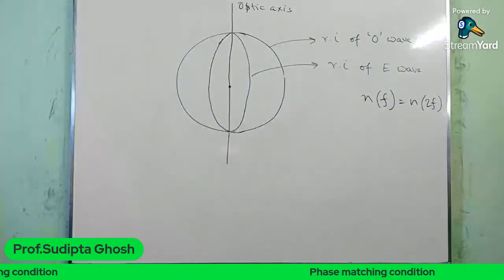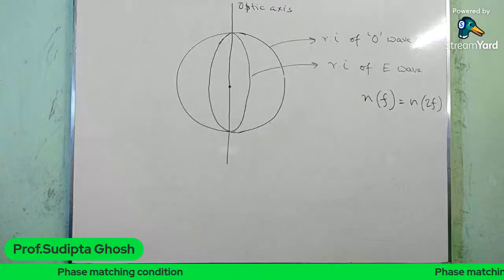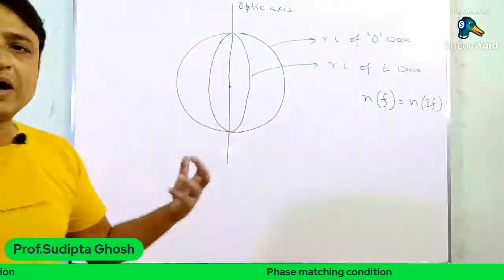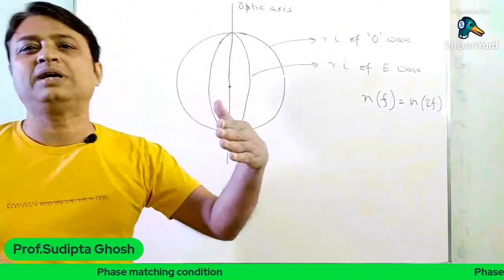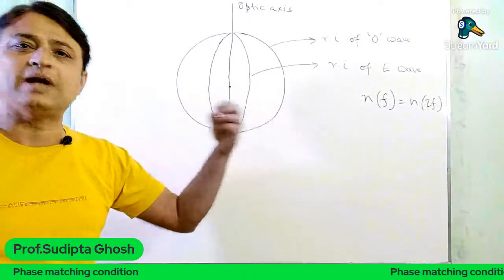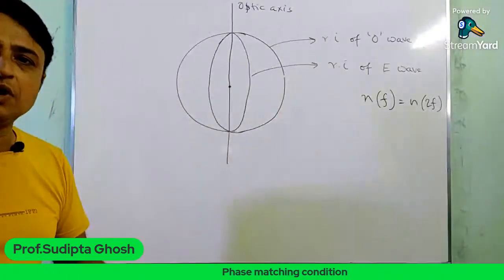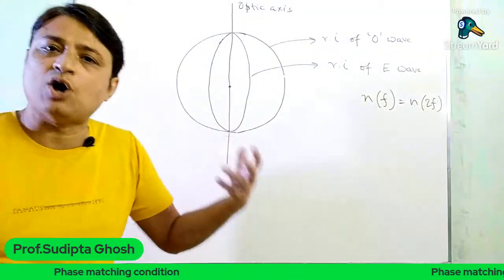Now, whenever the second harmonic wave is generated, the light enters into the crystal and splits into two, one is the ordinary, the other one is the extraordinary, and these two waves have the same frequency F.